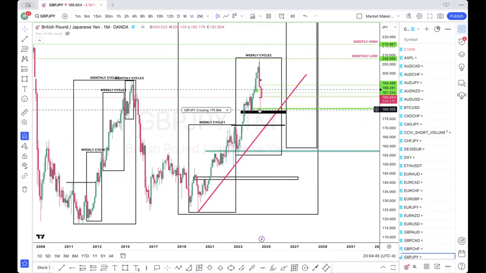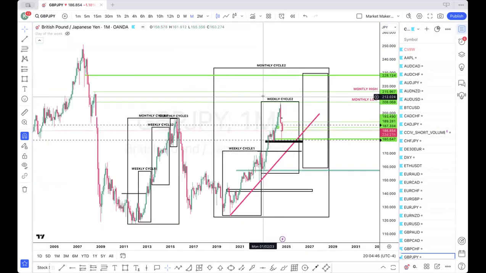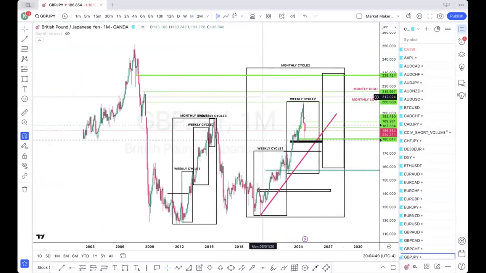So based on the monthly, let's look at our full picture, which is something I don't think everyone does, because when y'all are showing me screenshots of your trade ideas, I then go back and look at the bigger picture. That's the one thing I feel like you guys are missing, is looking at the bigger picture.